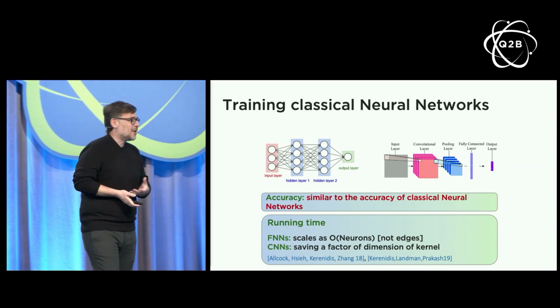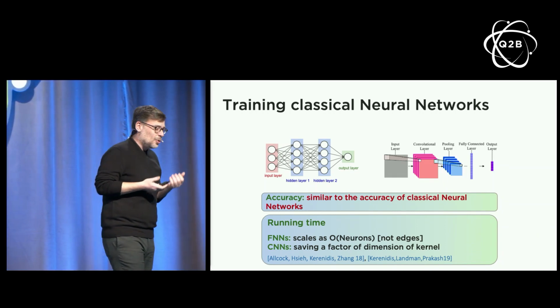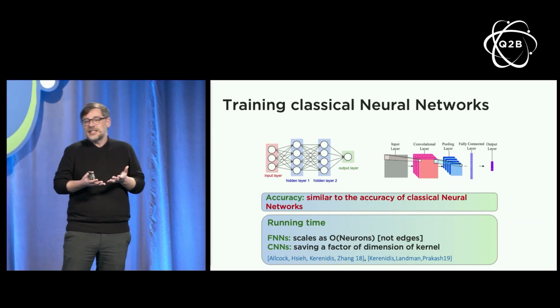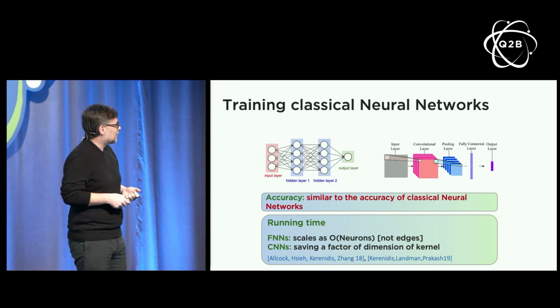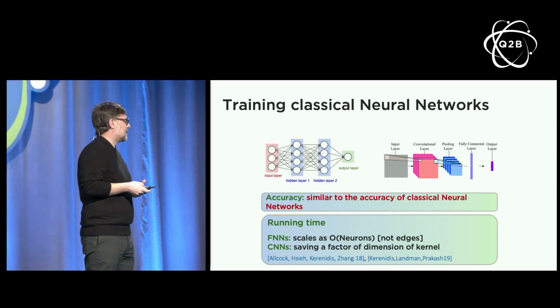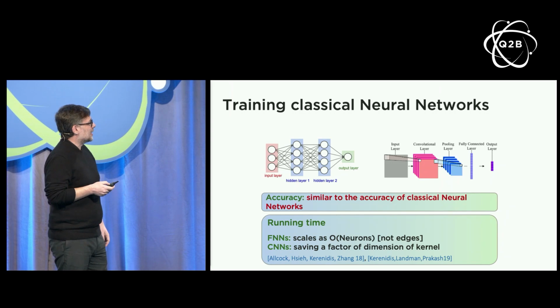Okay? So here we are not trying to define new quantum ways of doing neural networks, but we look at the classical ones and we say, can we speed up the training? Because this is the real bottleneck in deep learning. How do you train these classical neural networks? And we do have some results that show that you can get some speed ups when it comes to the classical versus the quantum training of the neural networks.